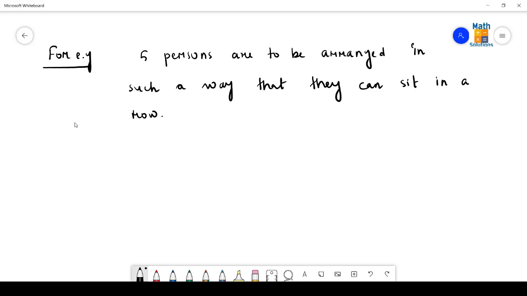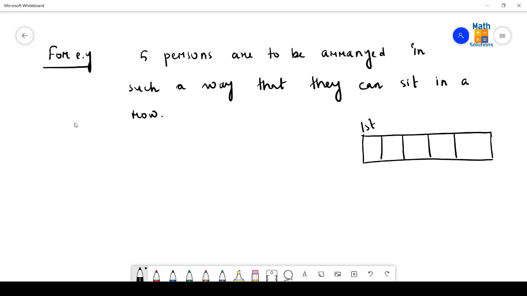In earlier videos we already went through in what way we could make the arrangement. Suppose 5 persons are there, so we construct 5 positions arranged in a row. Say I made 5 divisions here: first seat, second seat, third, fourth, and this is the fifth seat.